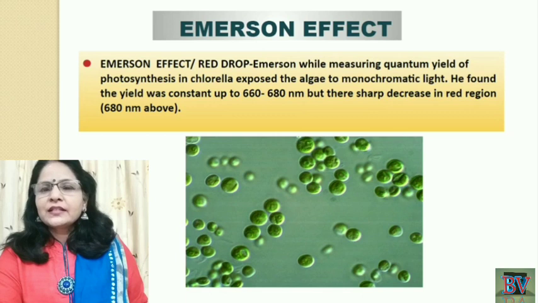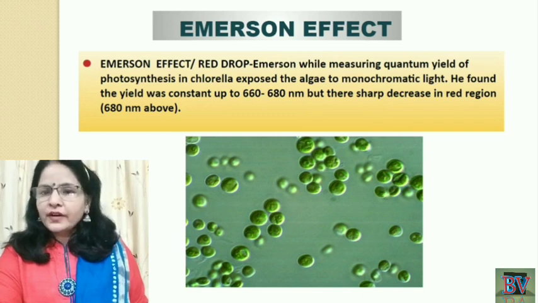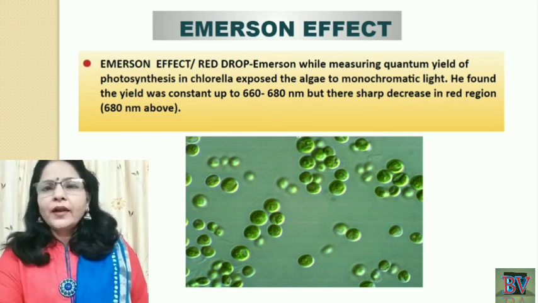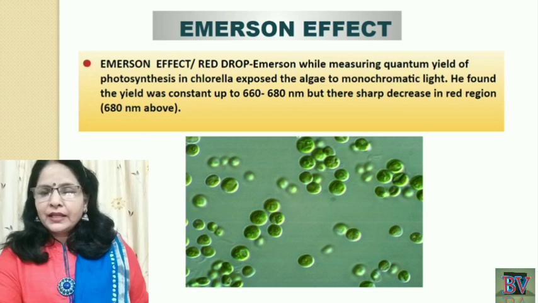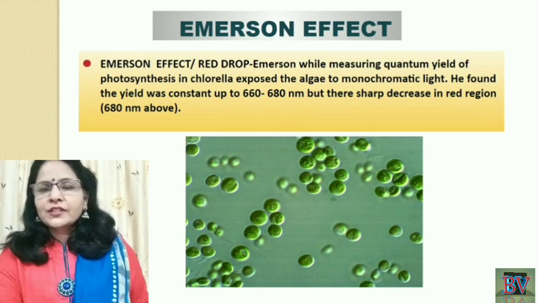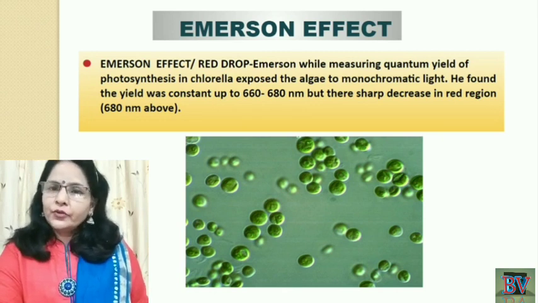Emerson with his co-workers was measuring the quantum yield of photosynthesis in Chlorella. Quantum yield can be calculated as the number of oxygen molecules evolved during photosynthesis, divided by the amount of light of different wavelengths absorbed during this process.